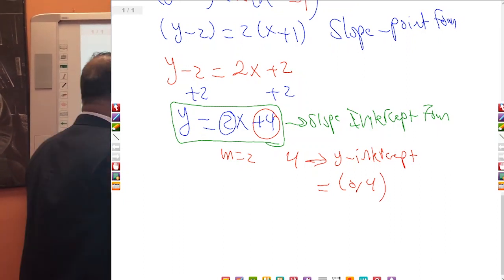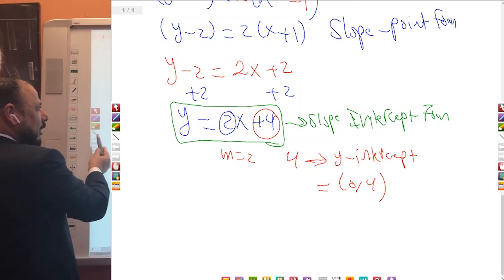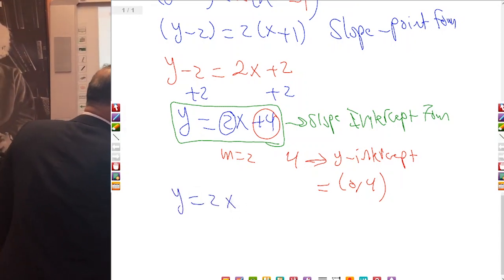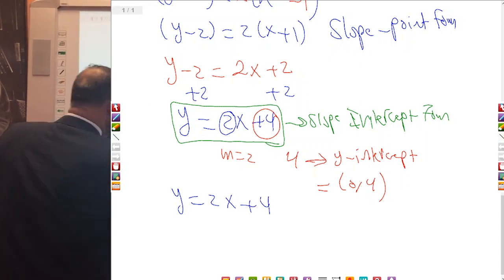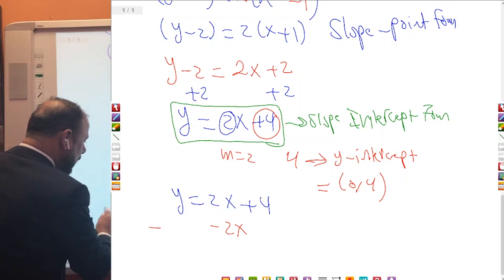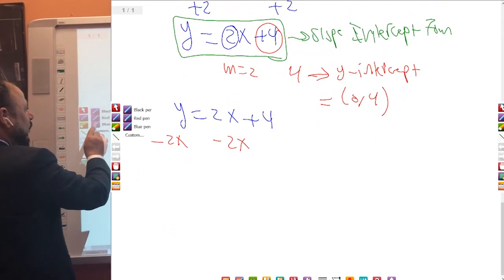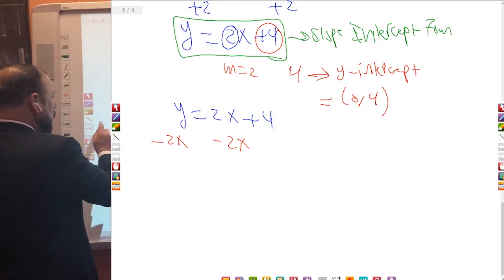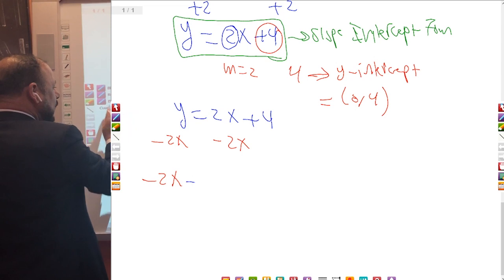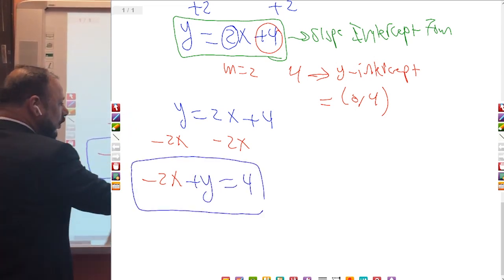The last form we can find, we have to move the x to the left side. You go to this equation, y equals 2x plus 4, move minus 2x, and this gives you the standard form, which is negative 2x plus y equals 4. What do we call this one?